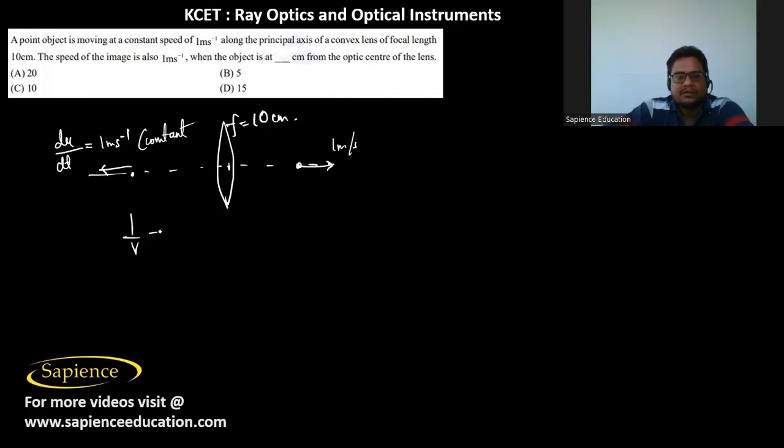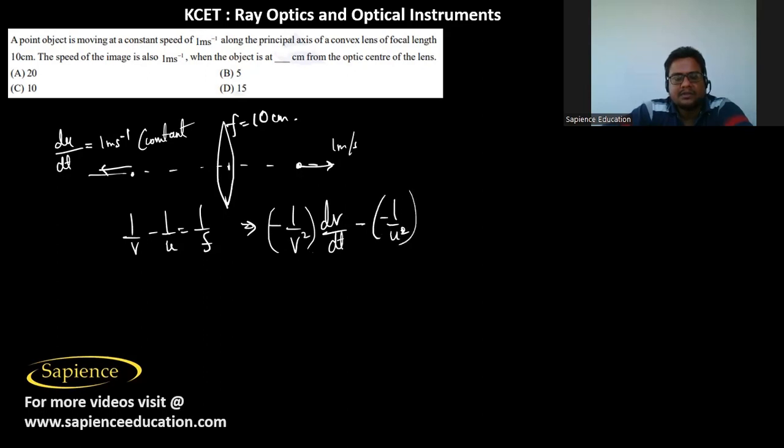So we know that 1 by v minus 1 by u equals 1 by f for the lens. Now, if we differentiate with respect to time, then we will get minus 1 by v square dv by dt minus of minus 1 by u square du by dt equal to 0.